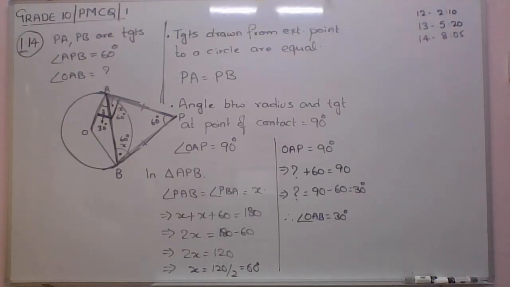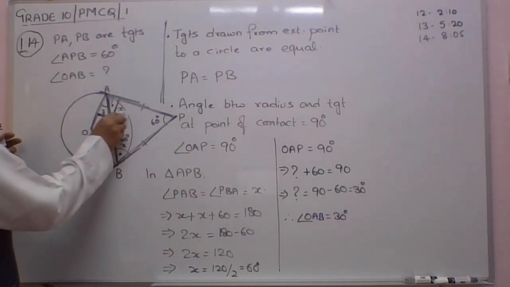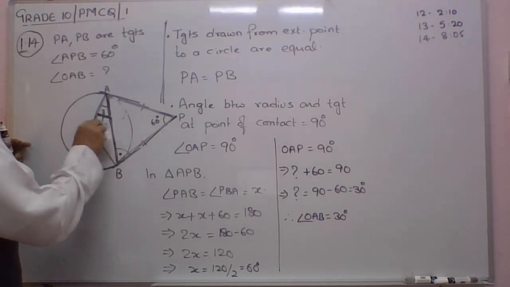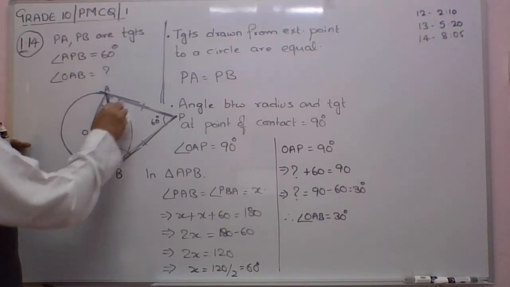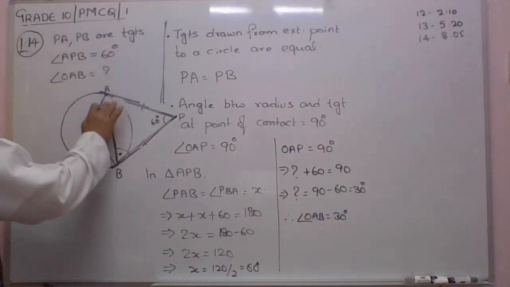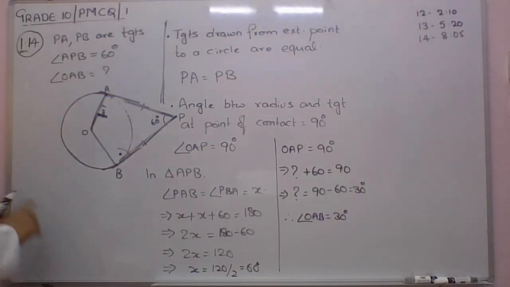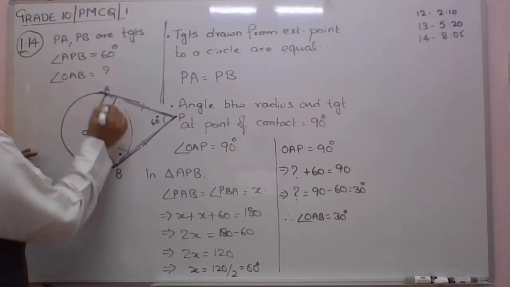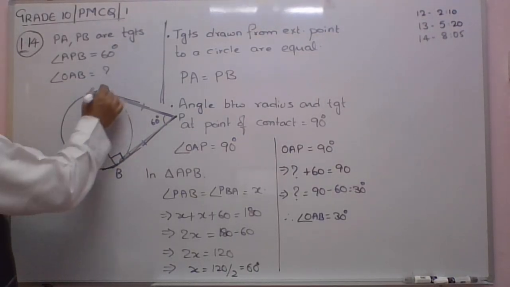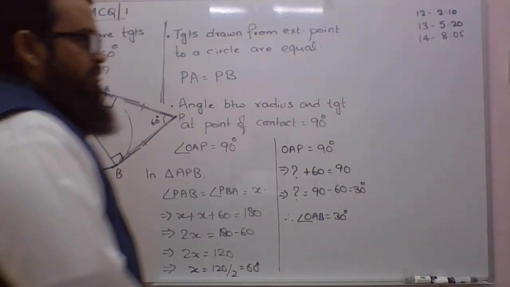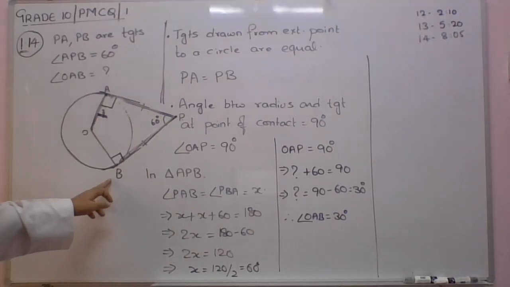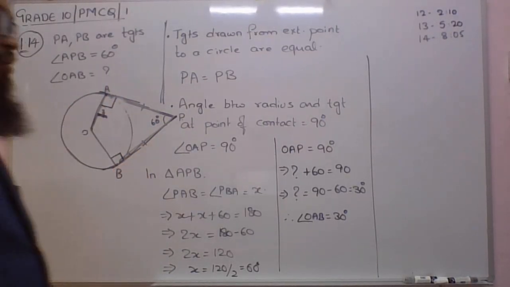Second method, you can draw this figure. Now second method, let me explain. See, this is the figure, right? Now forget about this line. This is 90 degrees, and here also you have 90 degrees. So OAPB. What is OAPB? How many sides are there? 4, a quadrilateral.